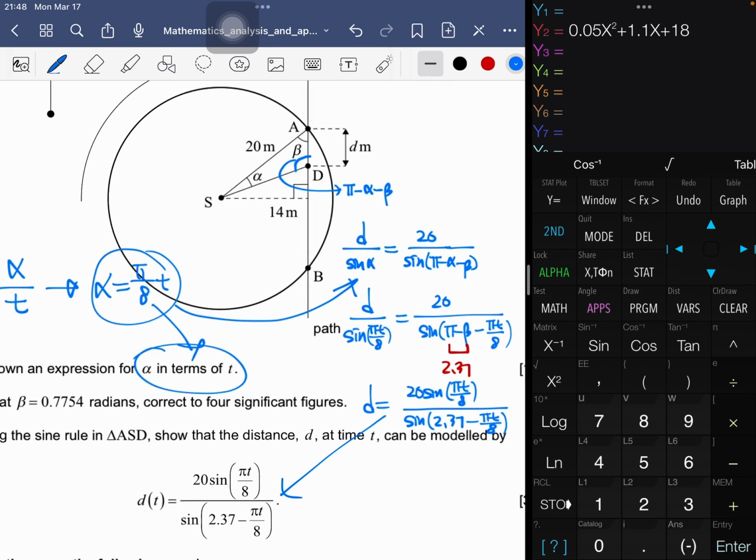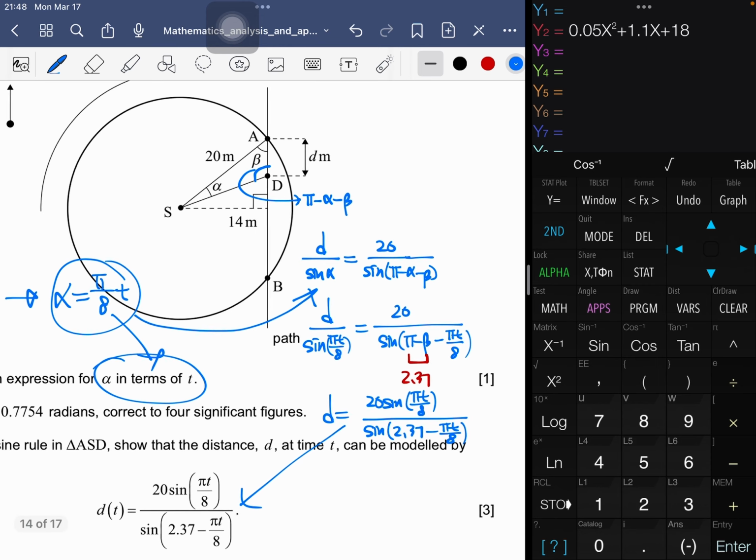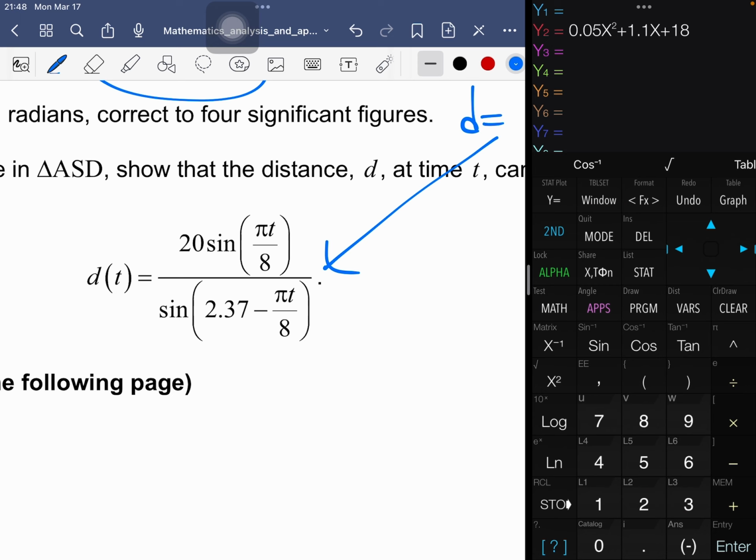Then the position of the sprinkler is defined as a fraction: the numerator is 20 times sine of pi x divided by 8, close the parenthesis, and the denominator is sine of 2.37 minus pi x divided by 8, close parenthesis.